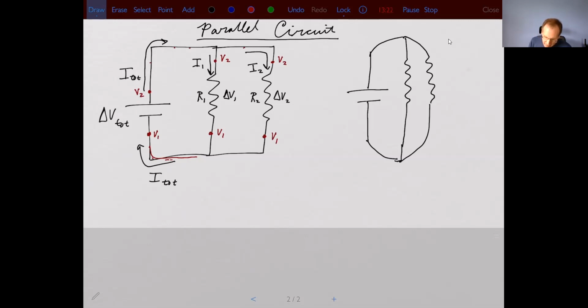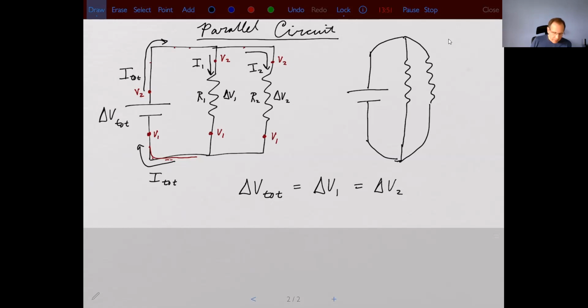That's going to be the same across the battery and for each of those resistors. So that's the first important thing with a parallel circuit: delta V total is equal to delta V1 is equal to delta V2. The voltage drops are the same, or the potential differences are the same.